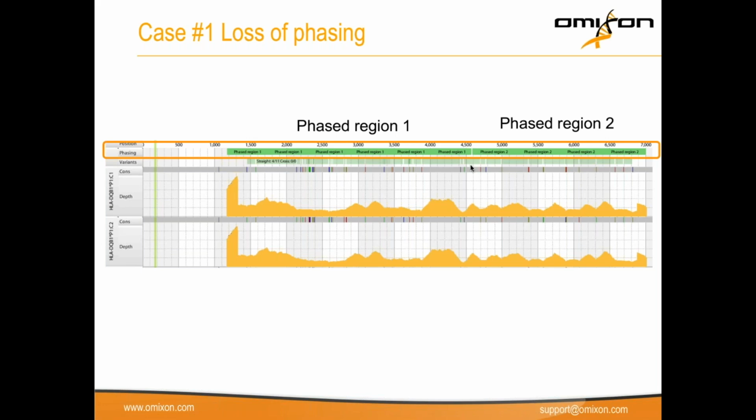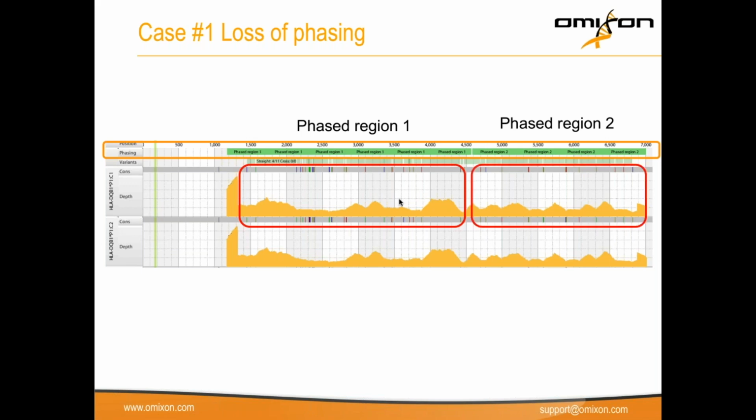It means that these SNPs are on the same chromosome within region 1, and those SNPs are on the same chromosome within region 2. However, due to the phase break, I cannot conclude that this block of SNPs and this block of SNPs are on the same chromosome.